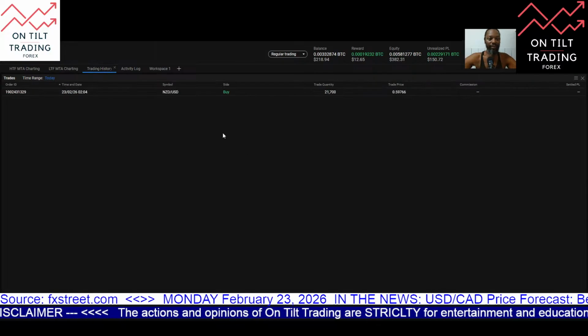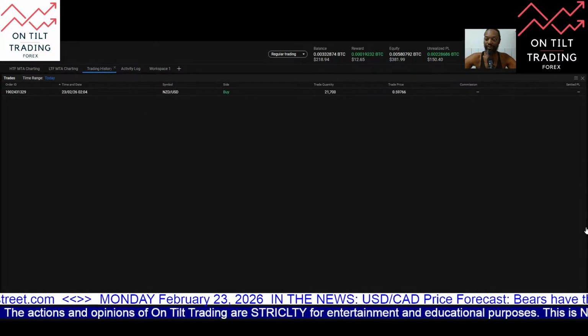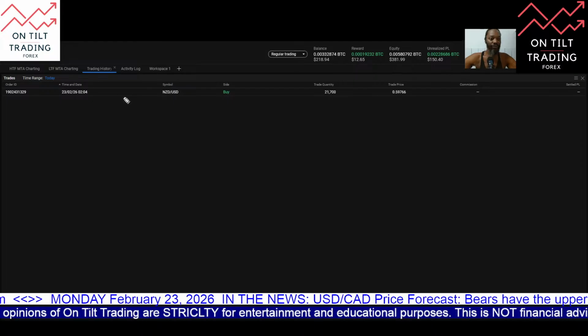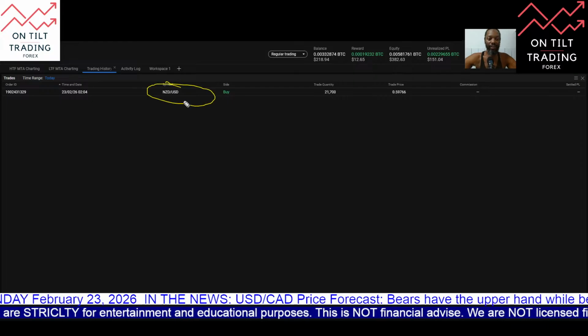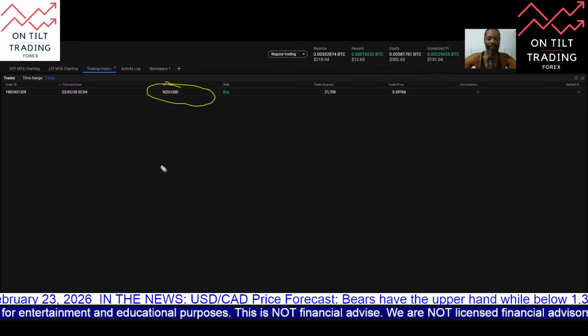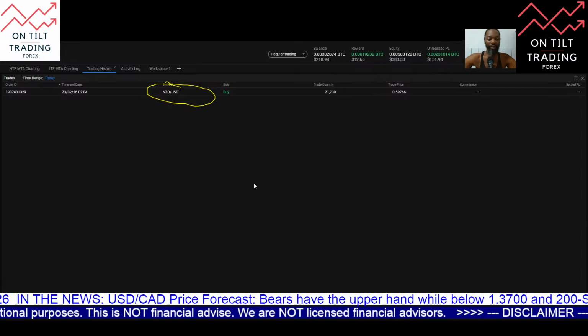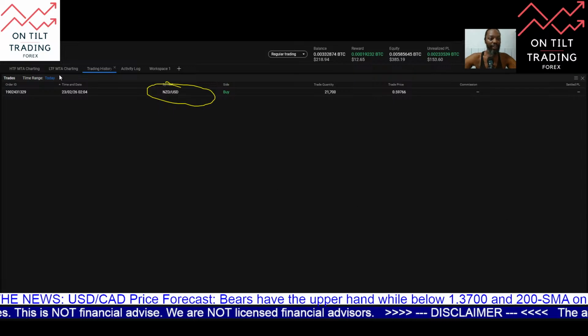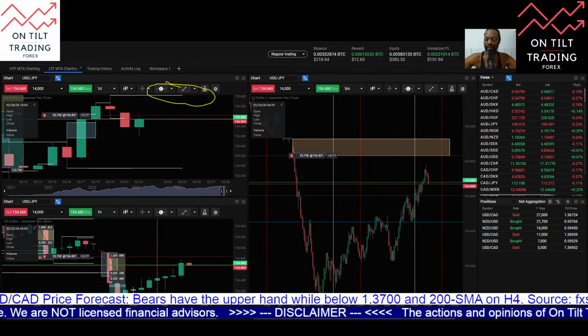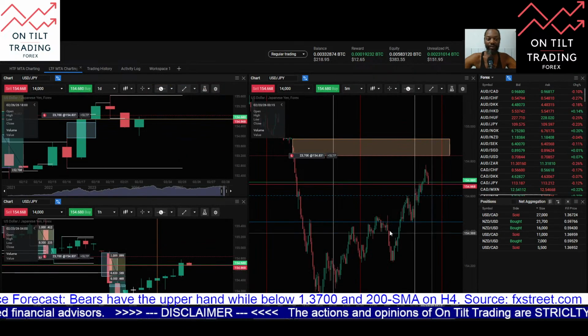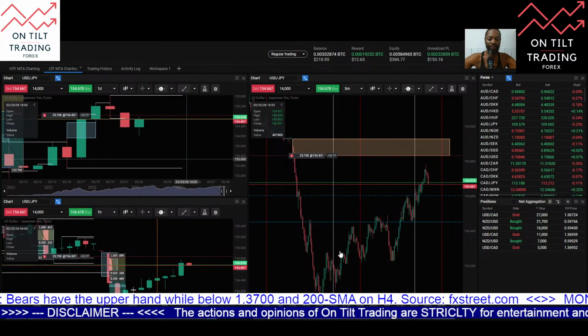And then for trading history for today, just the entry into Kiwi dollar, as my entry into dollar CAD was yesterday, and still currently waiting for a potential entry here in dollar yen.